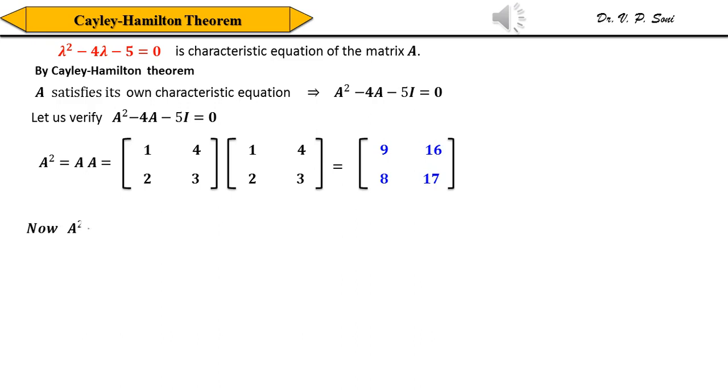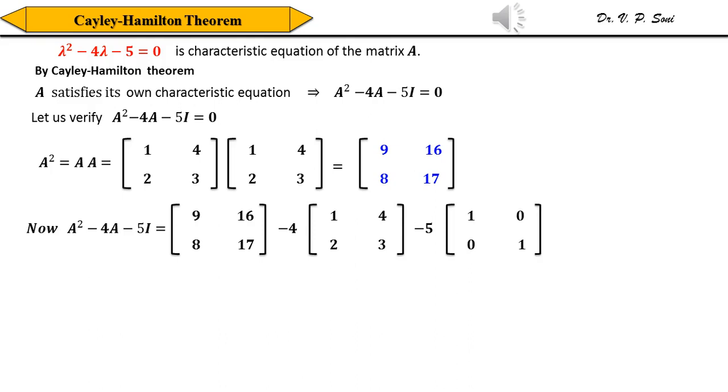Now A square minus 4A minus 5I equals, putting the matrix A square we found above, minus 4 times matrix A minus 5 times identity matrix I. Now adding them, we get the matrix whose first row 0, 0, second row 0, 0. This means the null matrix. Therefore, we have A square minus 4A minus 5I equals 0. Hence, the Cayley-Hamilton theorem is verified.